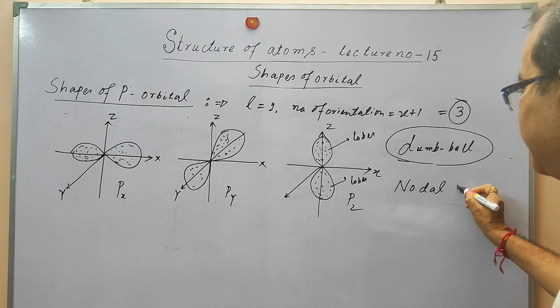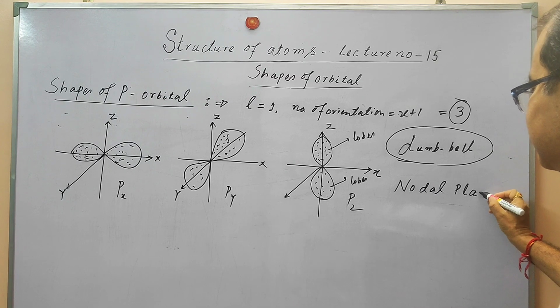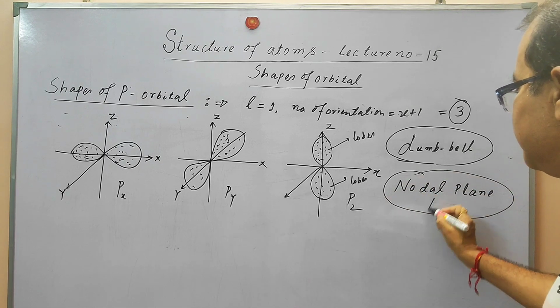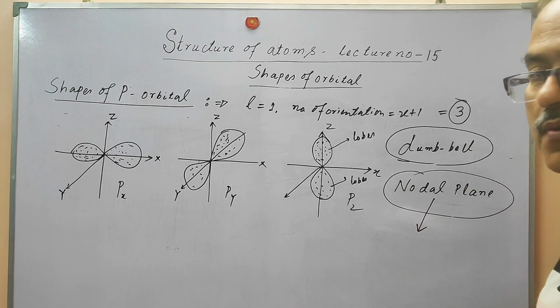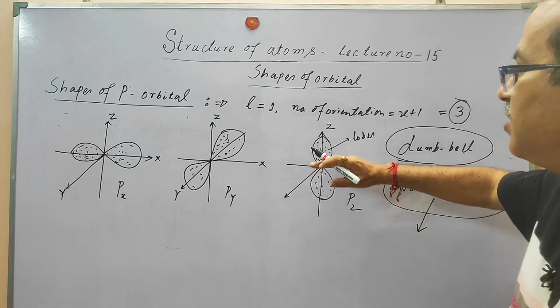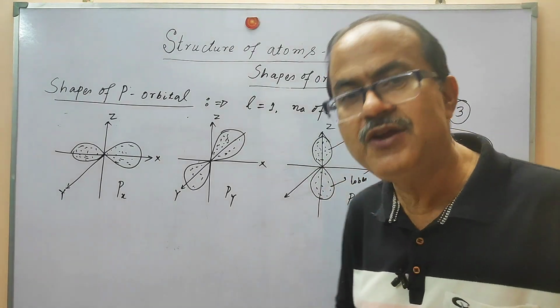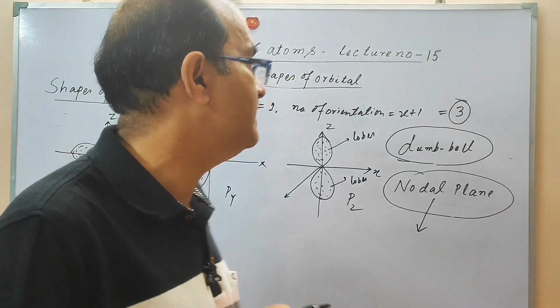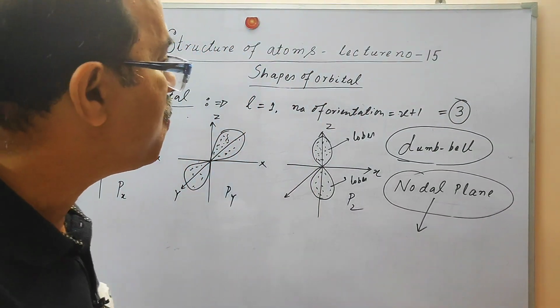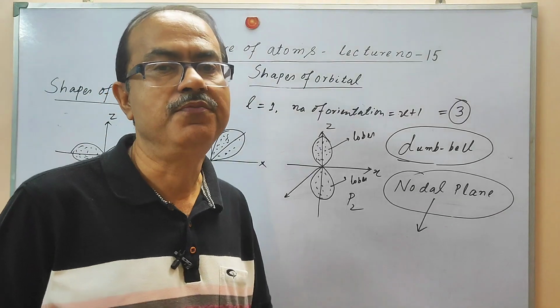Nodal plane means the probability of finding the electron is 0. On either side of this plane you can see there are lobes, and that constitutes the shape of the p orbital.